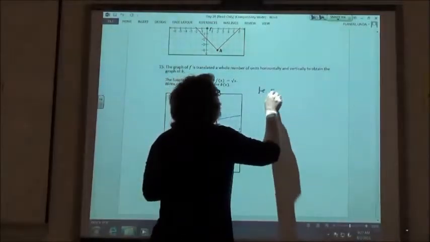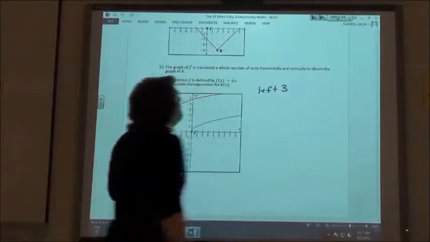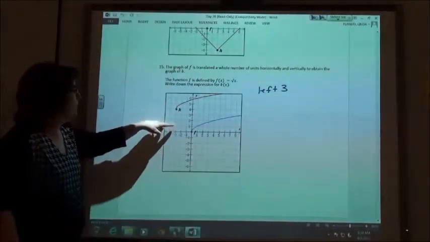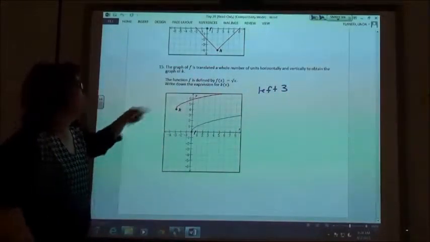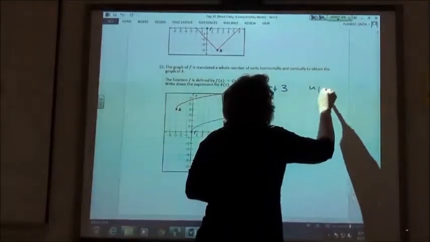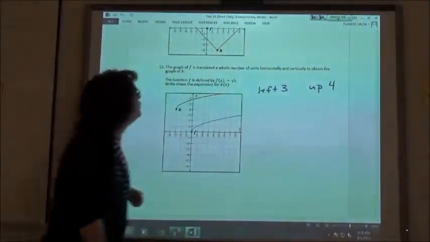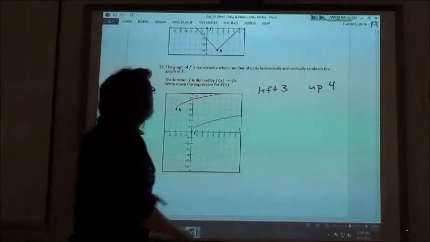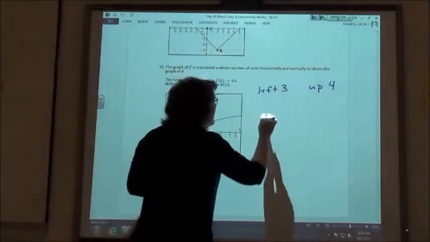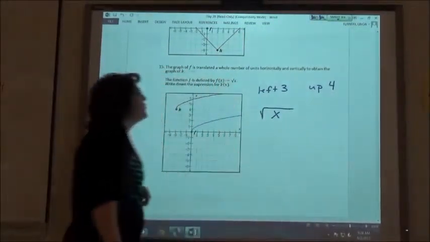So we went to the left 3. Negative 3, and then 1, 2, 3, 4. 4 up. Now this time our original graph, I don't know why that cut off. There was supposed to be a square root. The line's missing. The original graph was the square root of x.